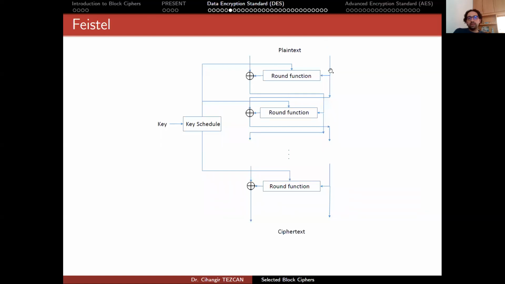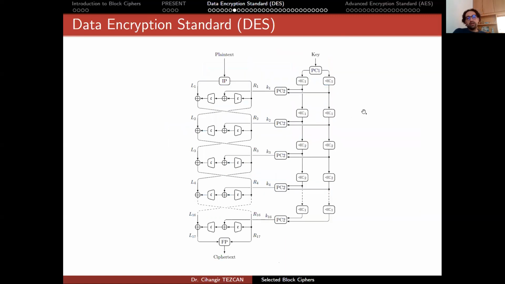But that right part is also used as an input to the round function, and the output is XORed to the left part, and it becomes the right part in the next round. This picture is actually taken from TikZ for Cryptographers, which is a good website with many figures, actually LaTeX code for figures that can be used in crypto. And this picture is from there.